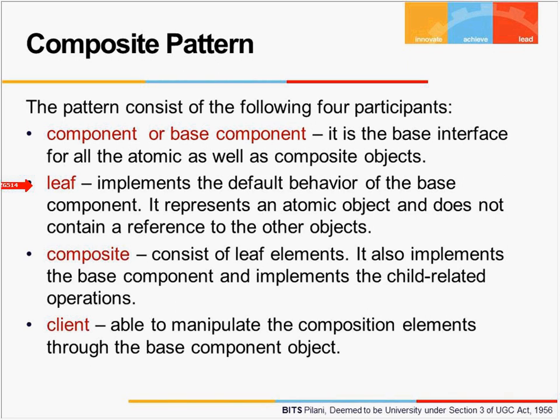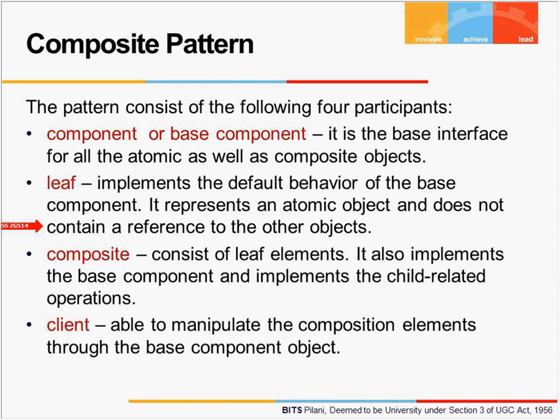The leaf component is the atomic object, and this forms the leaves of the tree. It implements the base component and represents the atomic object, and importantly, it does not contain a reference to other objects, and that is the reason it is an atomic object. It does not compose in itself other objects that implement the base component.